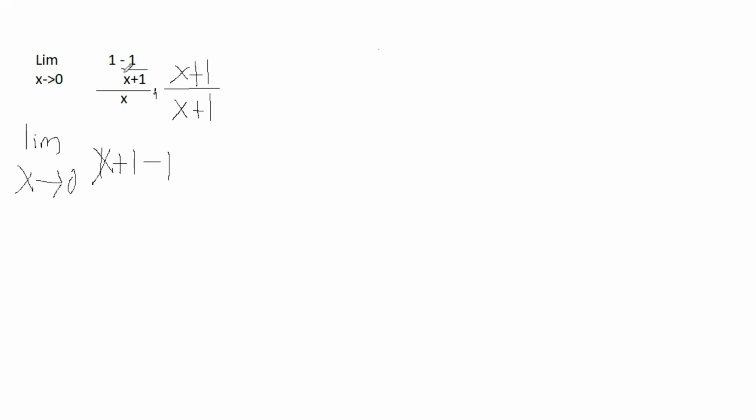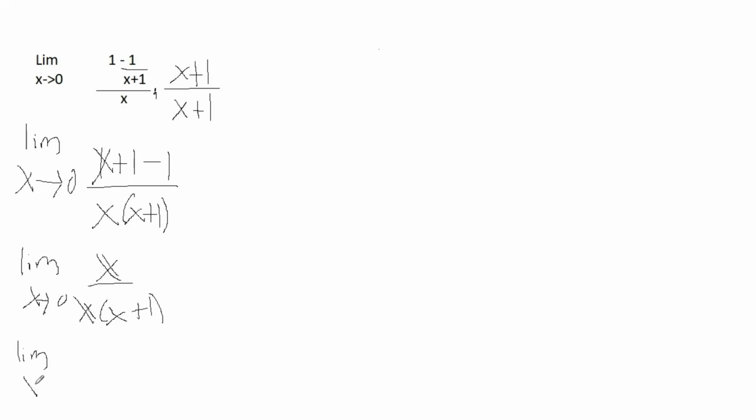This is just because these cancel each other out, and we're just left with the negative 1 over x plus 1. Now, let's simplify this a little bit, and we are left with x over x plus 1. Now we can get rid of both of these x's, and we are left with 1 over x plus 1.